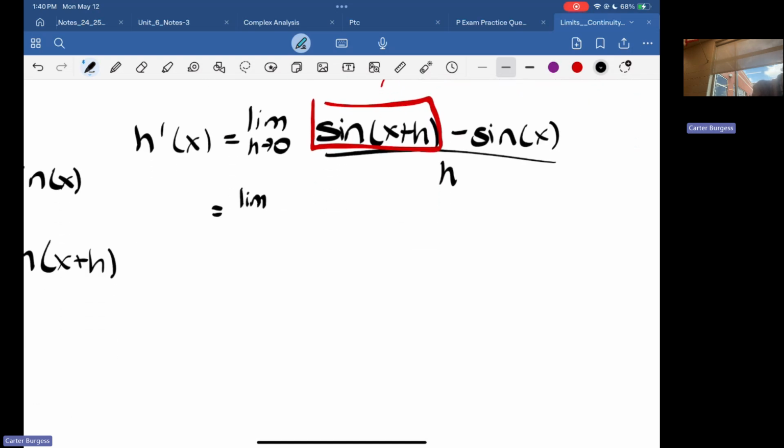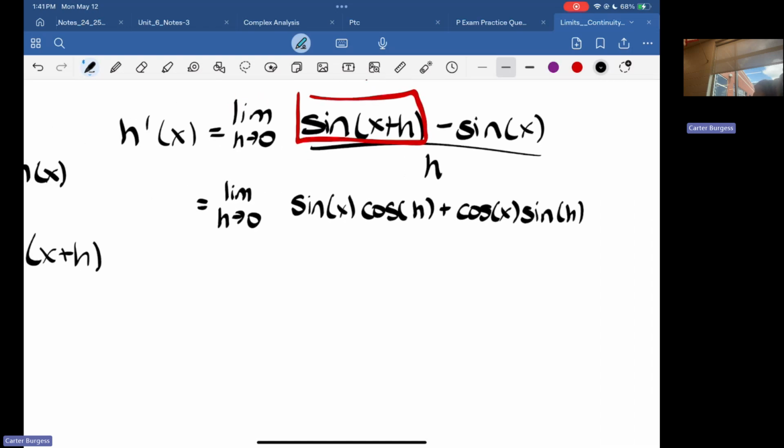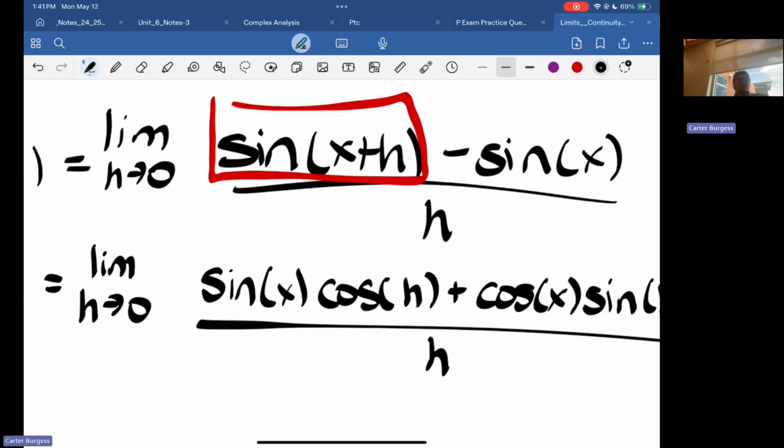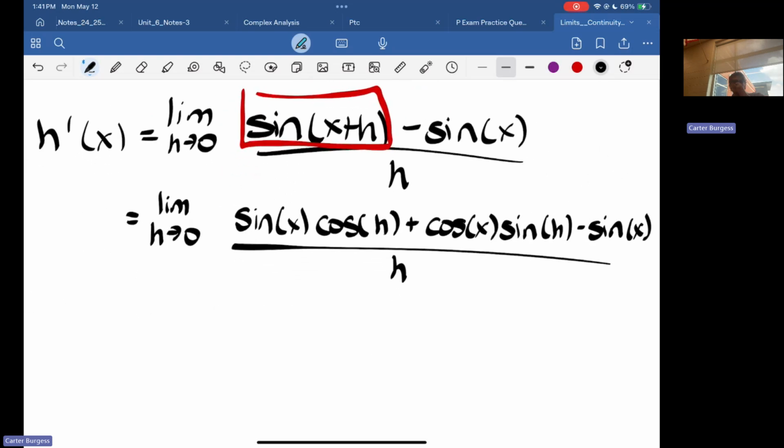This is the limit as h approaches 0 of sine of x cosine of h plus cosine of x sine of h minus sine of x, all divided by h. And I think it'd be really hard to simplify the numerator without doing this.